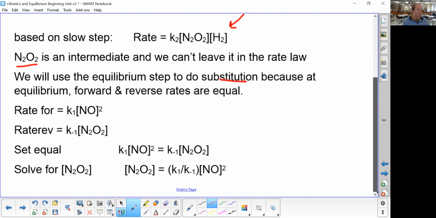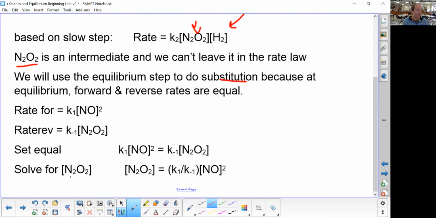So what does that look like? For the forward step, the rate would be K1 times NO squared, and the rate reverse would be K to the -1 of the N2O2, which is what we're trying to substitute. So we set those equal to each other, and then you rearrange it, and you get that the N2O2 is equal to the K, which is the forward and reverse over each other, times the NO squared.